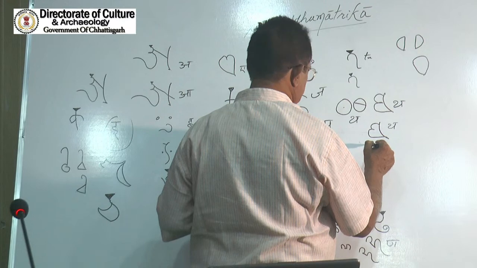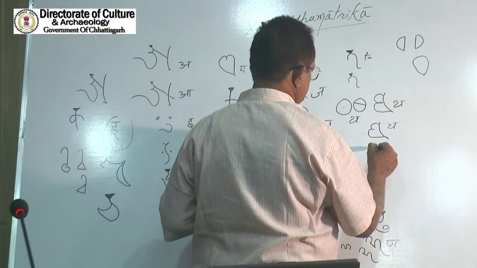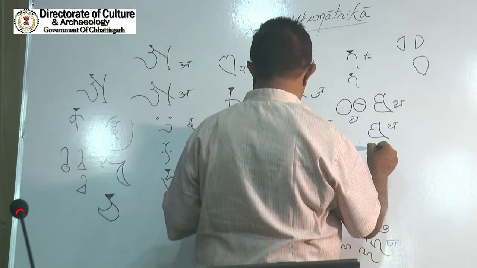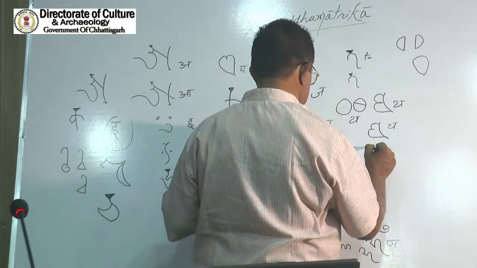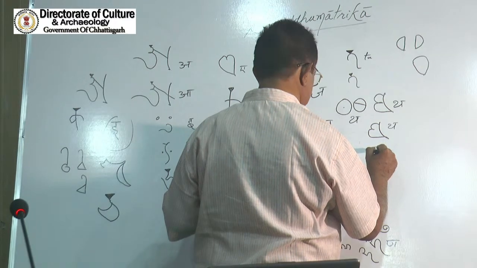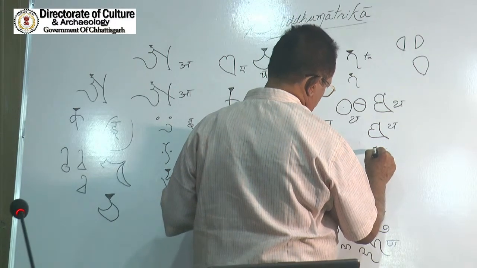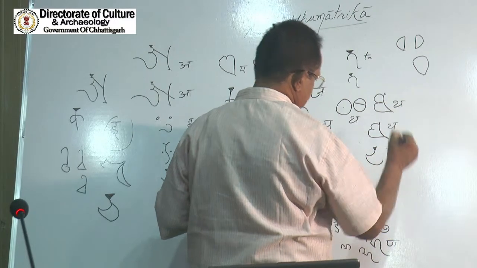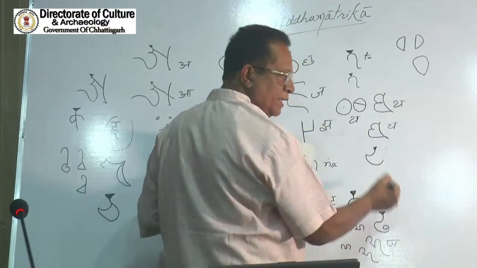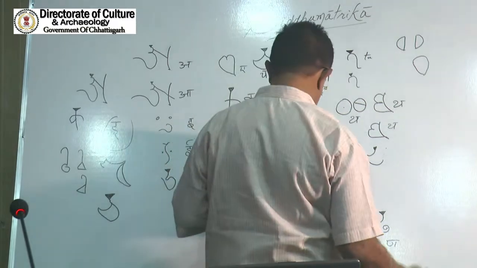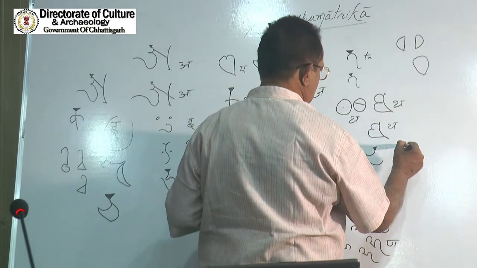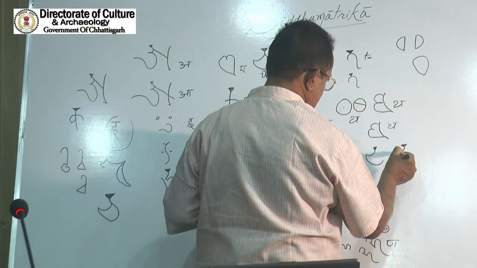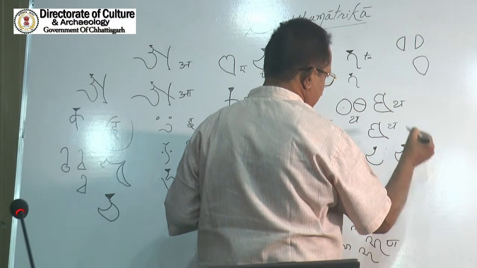So here da is written like this, more deeper. See, here the curve will be deep for da. Put a stroke like this, take a curve, leave it like this.